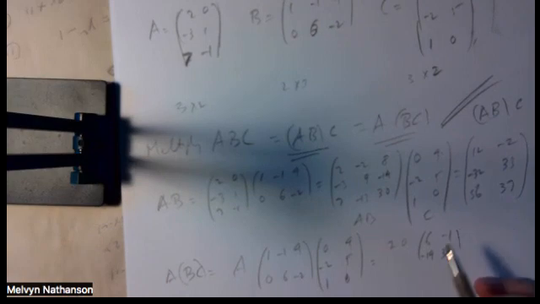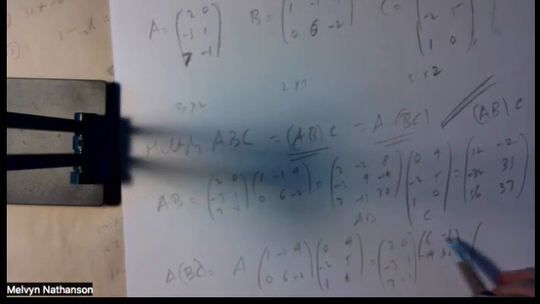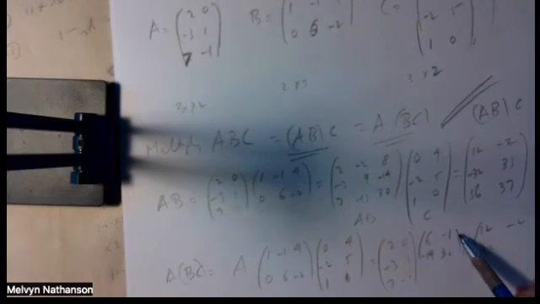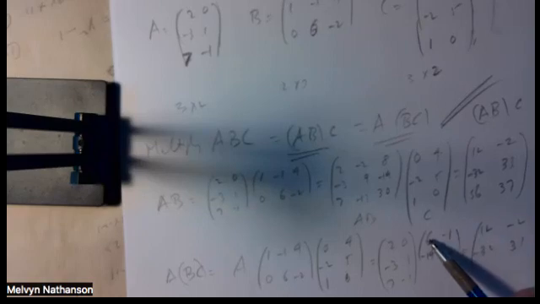If I multiply this by A, which is 2, 0, minus 3, 1, 7, minus 1, so I get 2 into this. It's 12 minus 2. Minus 18 minus 14 is minus 32. 3 plus 30 is 33. 42 plus 14 is 56.